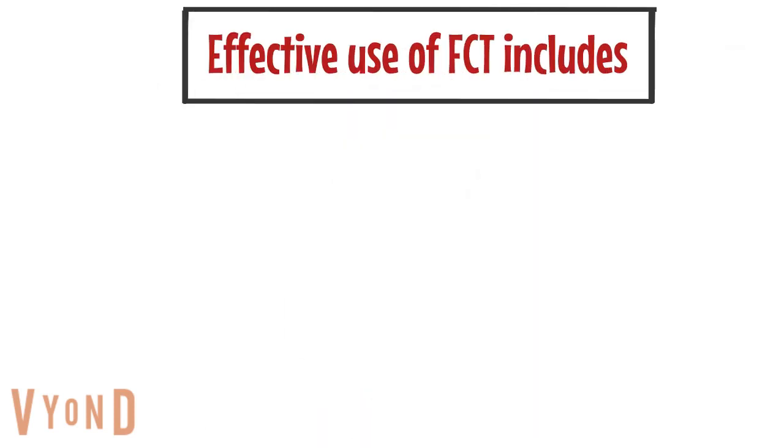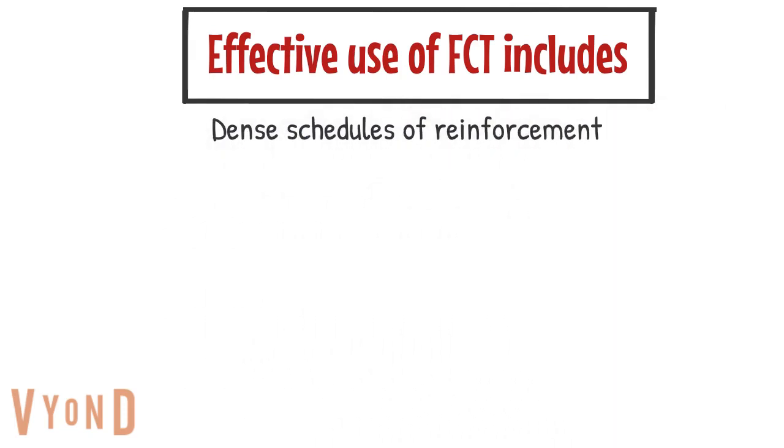The effective use of FCT includes the following. The first is a dense schedule of reinforcement. So the alternative communication response should produce the reinforcers that maintain the problem behavior on a continuous schedule of reinforcement. So that means if they ask for a break versus exhibiting the maladaptive behavior, you would give them the break every time they ask for a break.